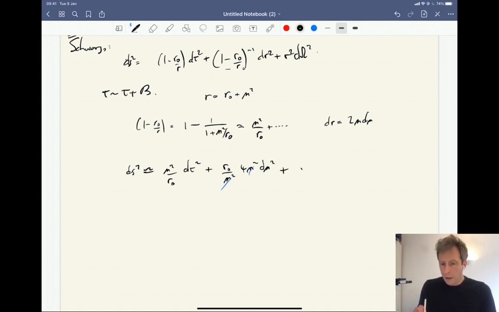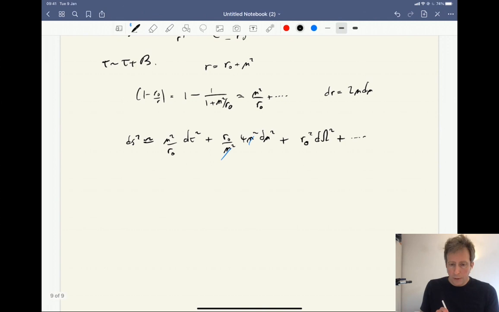And I also have the horizon and corrections in mu as I go away from mu is 0. So here is the horizon, the S2. And what we can see if we slightly rewrite this, if I pull the factors together, I can write it like this.